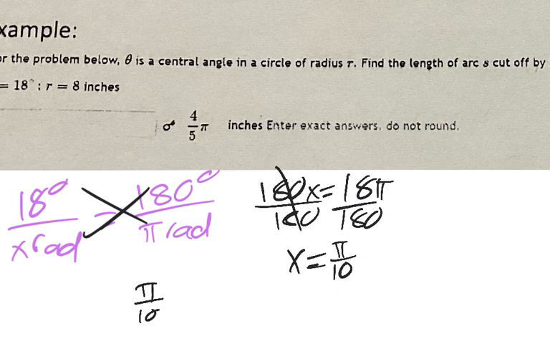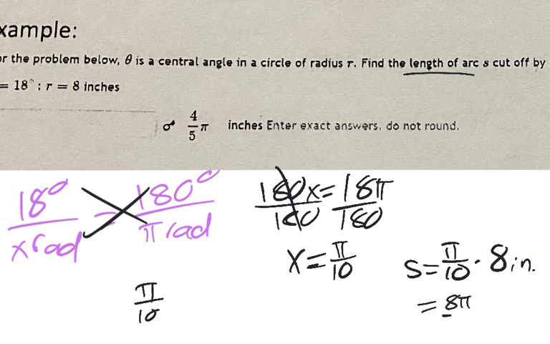So to find the arc length, arc length is S. It's equal to theta, which was pi over 10, times the radius, which was 8 inches. So this would be 8 pi over 10, which reduces to 4 pi over 5.